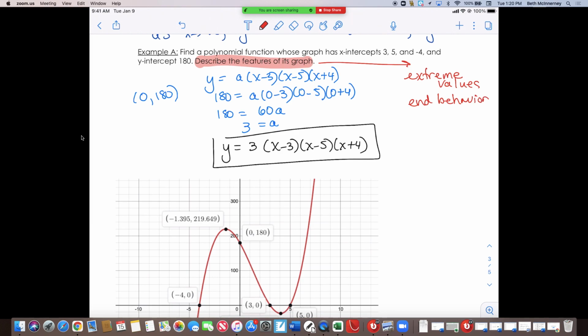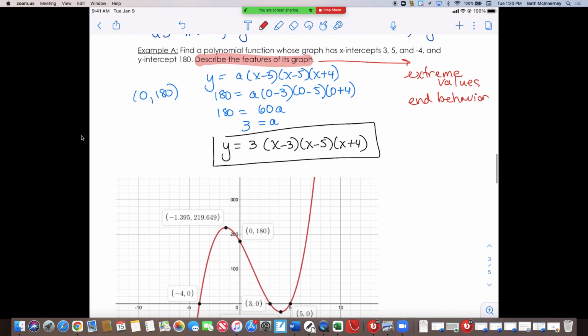We already know on this one the x-intercept and y-intercept, so that's okay. We want to do something new called increasing and decreasing. And we're going to spend a little more time on the increasing, decreasing tomorrow. But this would be extreme values, end behavior, and increasing and decreasing. So let's do that.